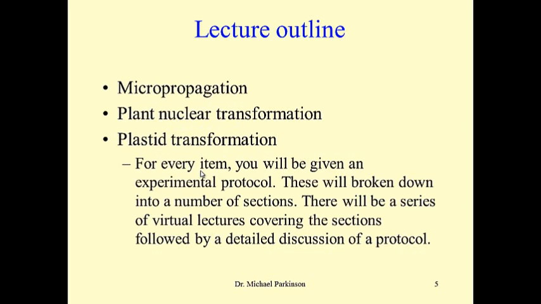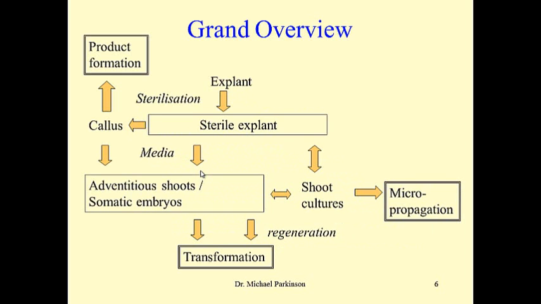And if you go to the experimental protocols, you'll find that these are broken down into a number of sections. So there are a series of virtual lectures covering the sections, followed by detailed discussion of a protocol.